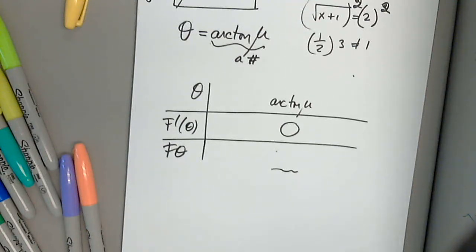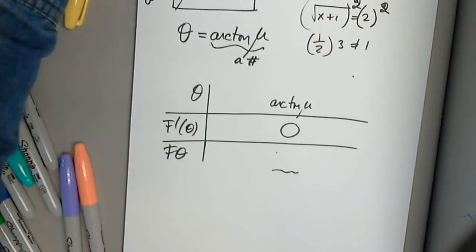So the question was, for what value of theta is f smallest? I have to study the sign. If this is negative and this is positive, it's guaranteed that arc tangent mu will give a minimum for f of theta. But if I have positive and positive, or positive and negative, or negative and negative, something is wrong. So we have to go back to the derivative. Ready?